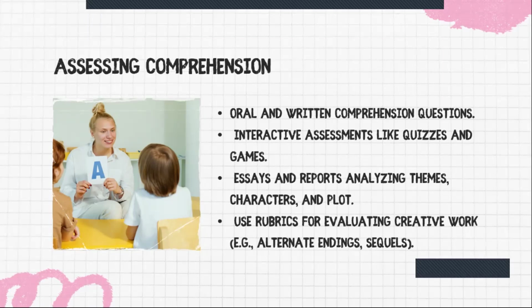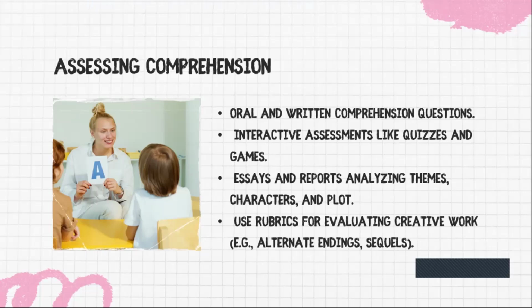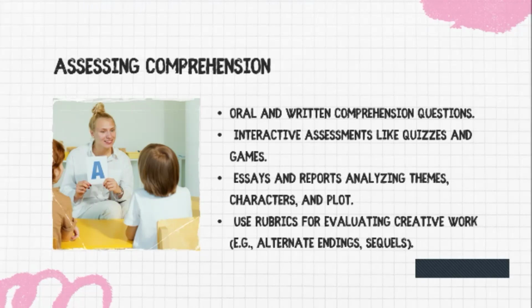Then we have essays, interactive assessments like quizzes. You can use quizzes, you can use games. Then there's a place for essays and reports where they analyze themes, characters, and plots. That is linking comprehension and creative writing. Very important. We have read a text.